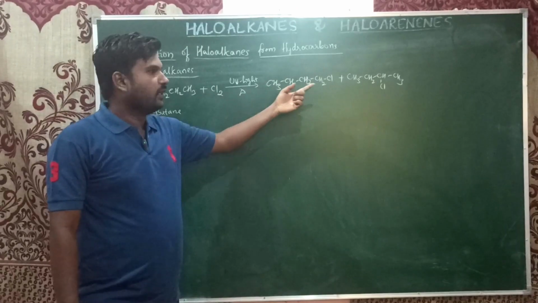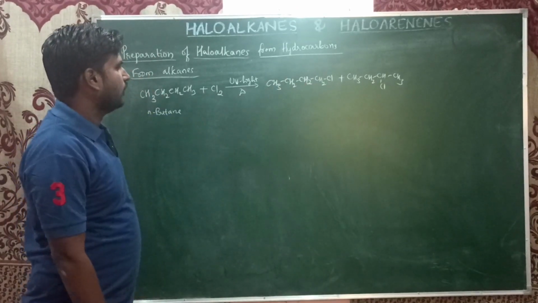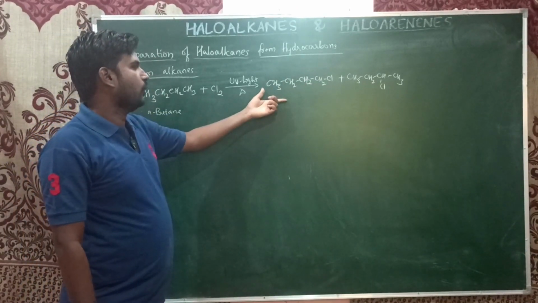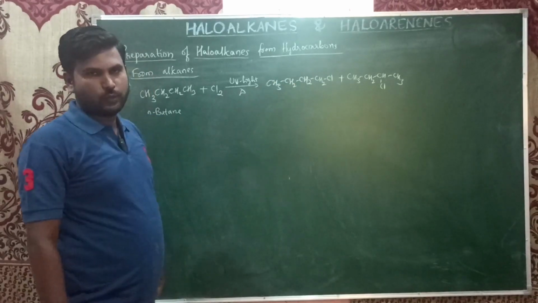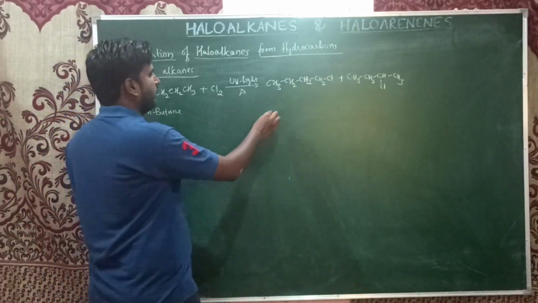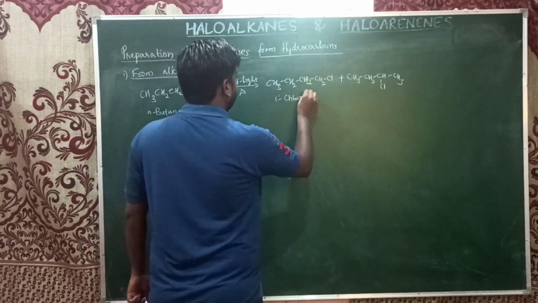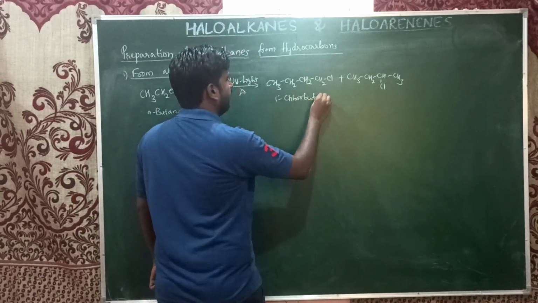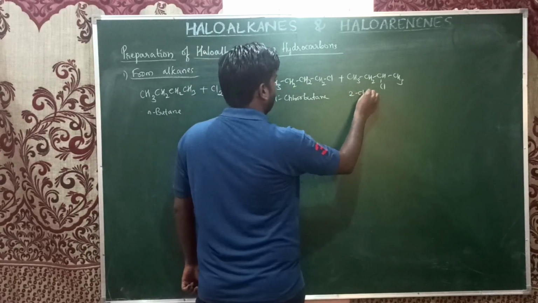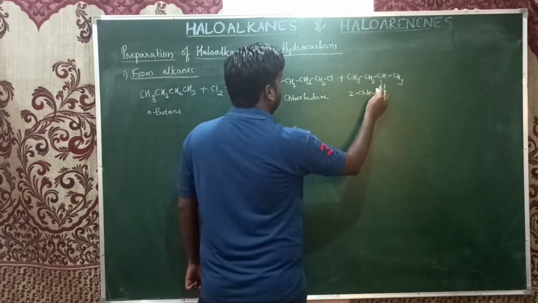That is a mixture of one-chlorobutane and two-chlorobutane, also called primary chlorobutane and secondary chlorobutane. So here the products are one-chlorobutane and two-chlorobutane.